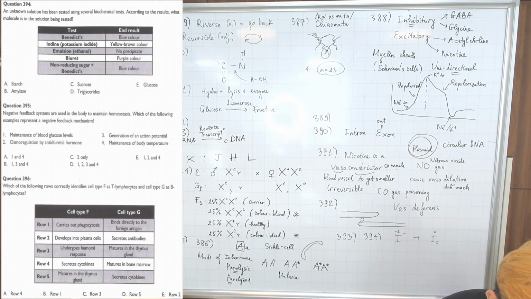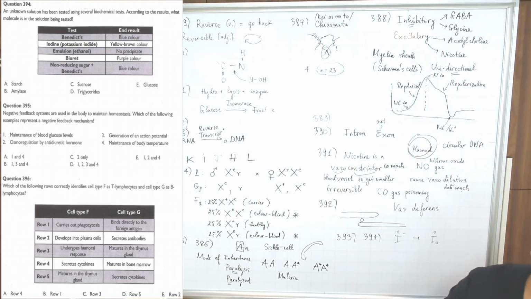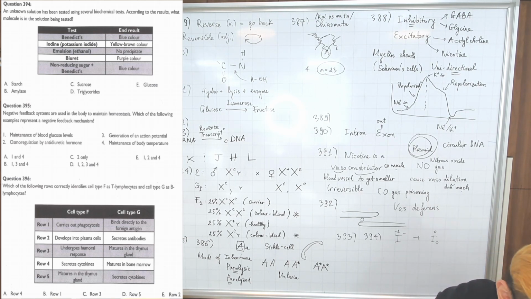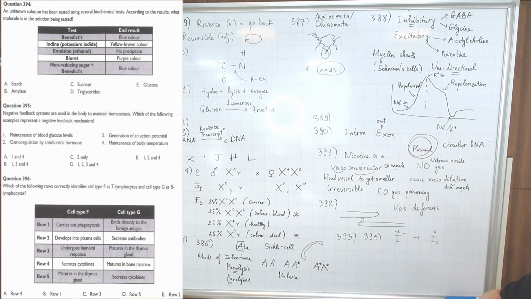So emulsion, ethanol. Cho nó vô ethanol thì không có kết tủa. It's not precipitate. So when you put in emulsion ethanol, there's no precipitate, which means no reaction, right? Không phản ứng. So you can eliminate D, triglycerides. So what is triglycerides? Triglycerides is, remember this one?